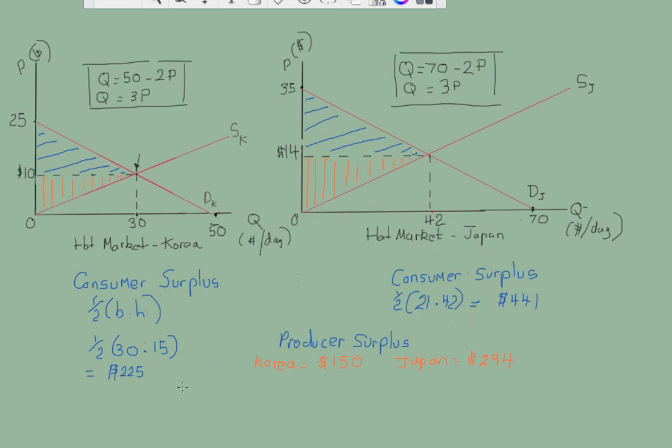So for Korea, we could say total surplus, if you like. The total value of this market to all Koreans is going to be 225 plus 150, so that's 375.